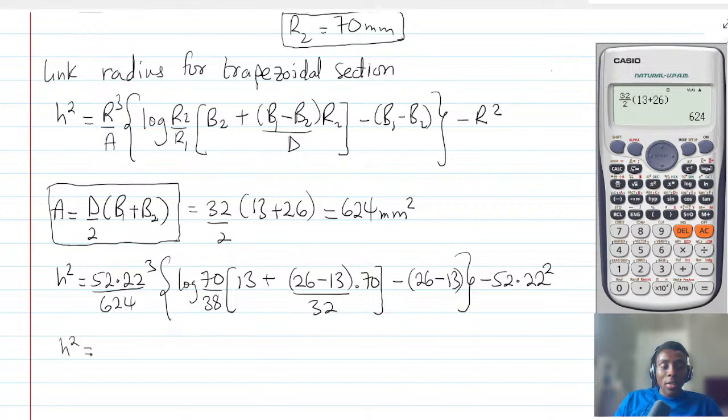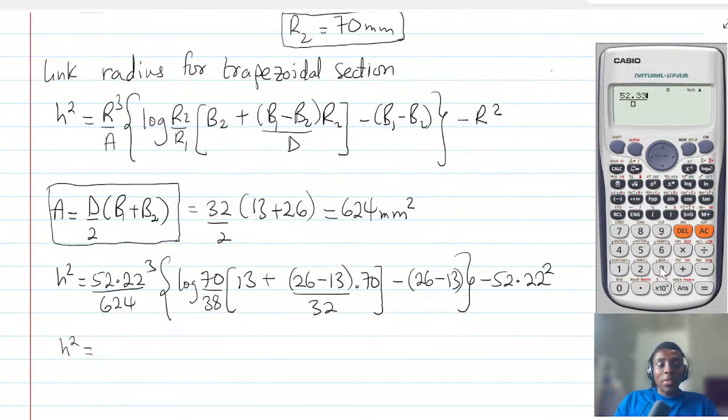And if you calculate h square, what are you going to get? If you do everything correct, this is a typical exam question, so please take notice. After the tutorial, it's going to be recorded so you can play back and then watch.